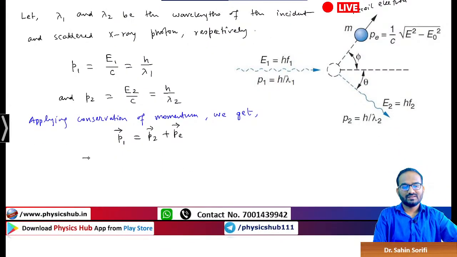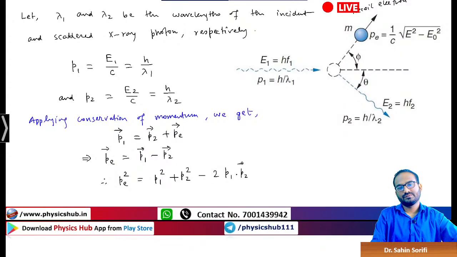So using standard vector algebra, we can write Pe. Let's reshuffle this: P1 minus P2. Using the vector law of addition, Pe square is equal to P1 square plus P2 square minus 2 times P1 dot P2.